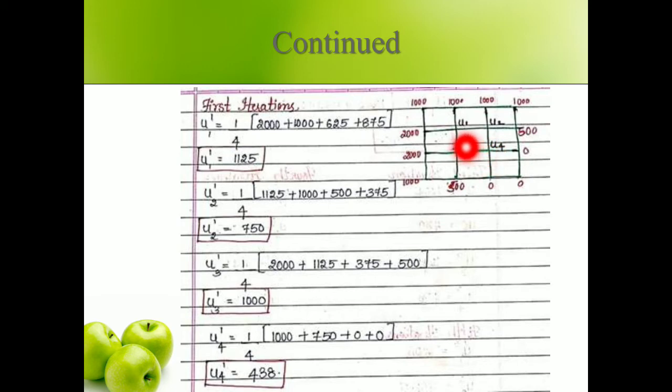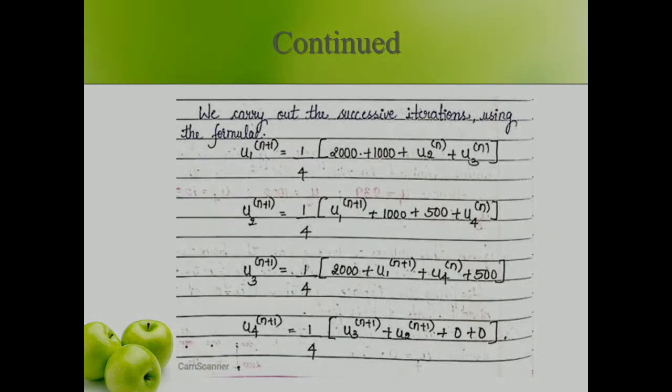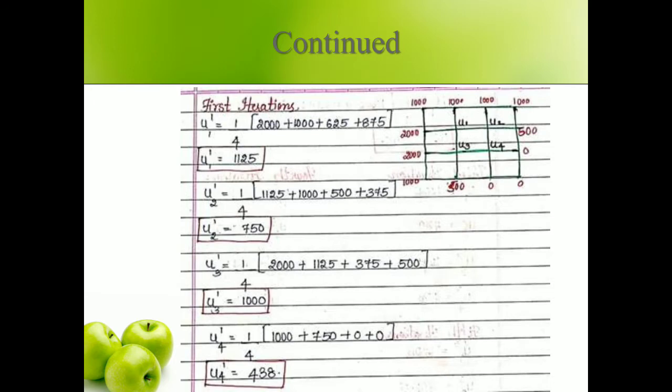Next, u2 dash is equal to 1000, 500, the u1 value which I have found out already here, then the u4 value.